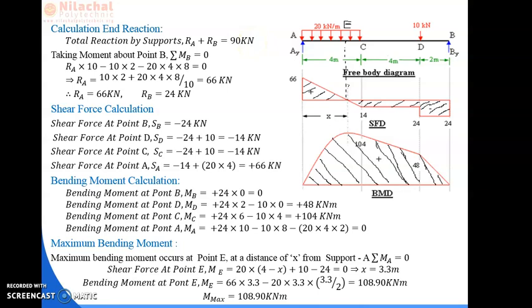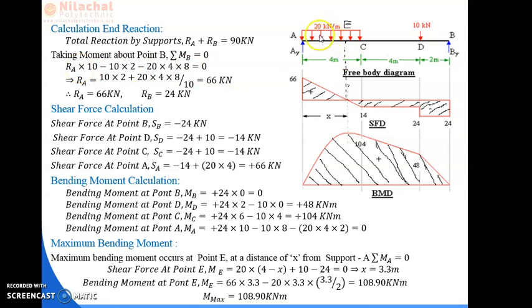Then the next step is to calculate the sum of moments about point B or point A. For the equilibrium case, the sum of moments about B is equal to 0. Now we have to take the loads having bending moment about B. As RA is at a distance of 10 meters, RA into 10 is positive.